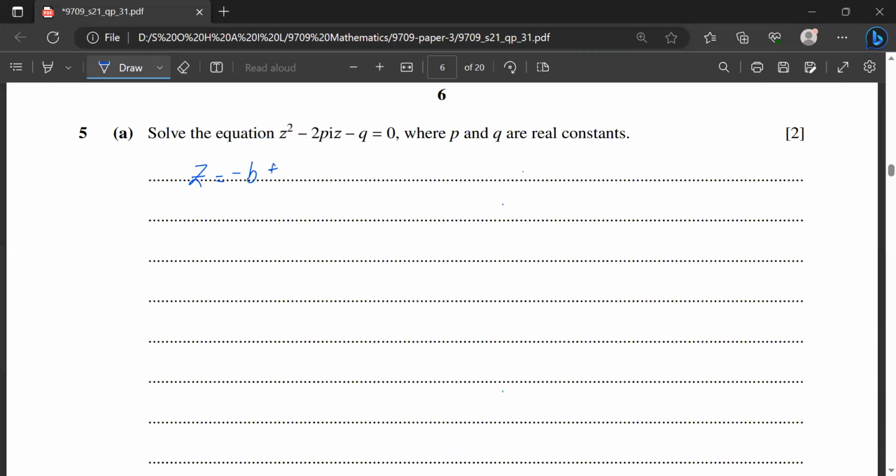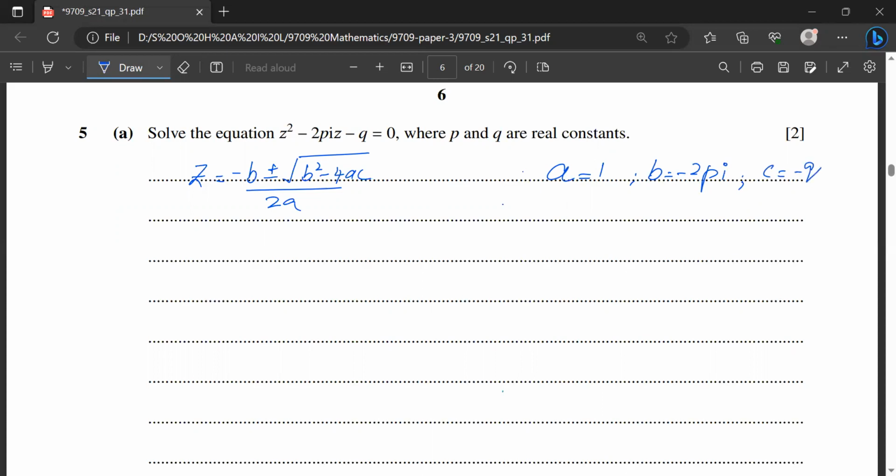Minus b plus minus square root of b squared minus 4ac, over 2a. Here a is equal to 1, the coefficient of z squared. b is equal to the coefficient of z, which is minus 2p iota, and c is equal to minus q, the constant term.